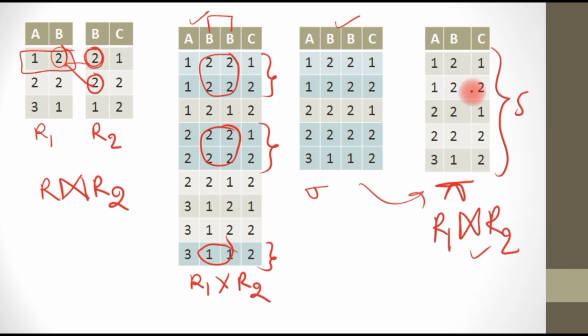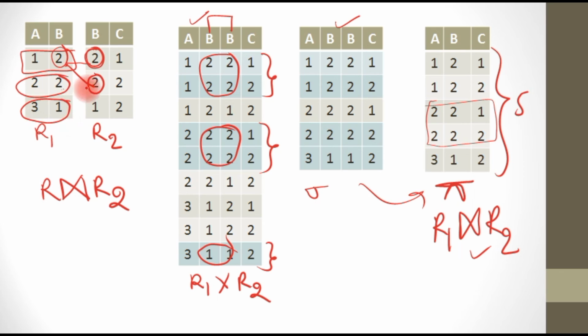So your tuples will be 1 2 1 and 1 2 2. Now see another tuple. In this tuple, B's value is 2. So you have to find those tuples in R2 which have the value of B as 2. We have two tuples here, 2 2 1 and 2 2 2.